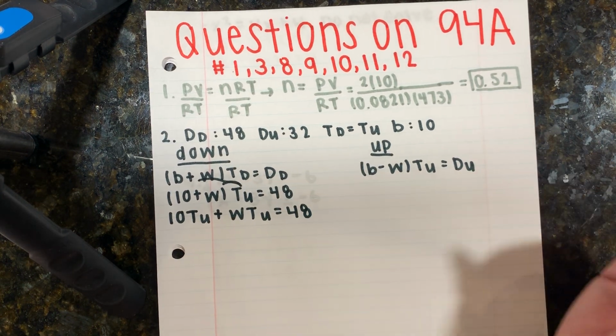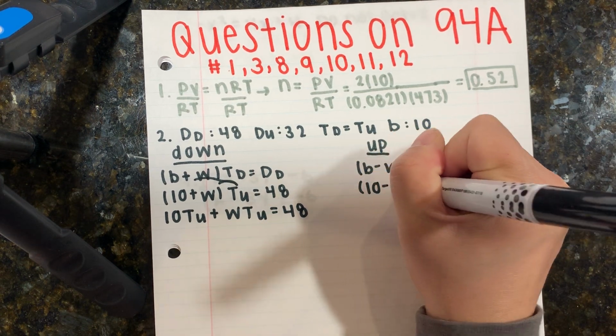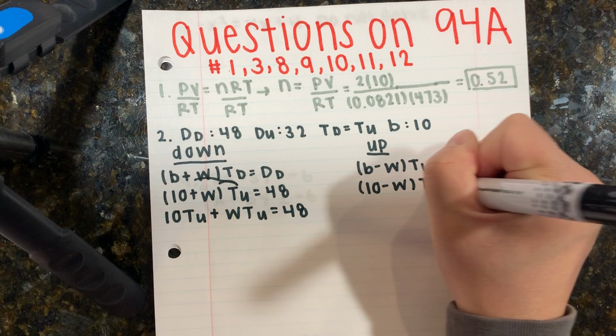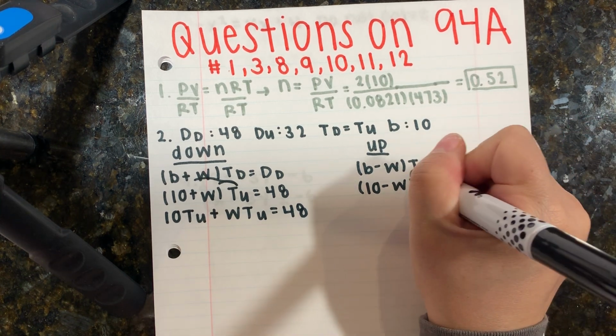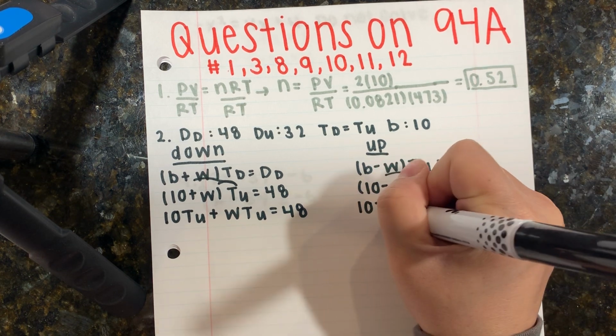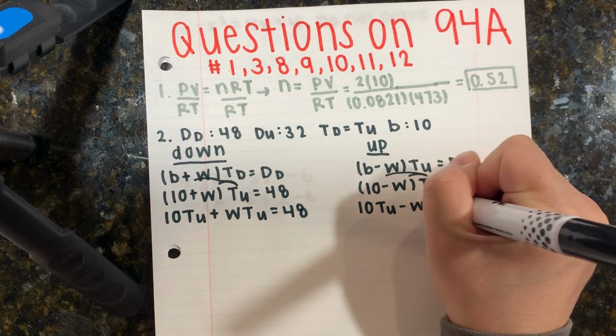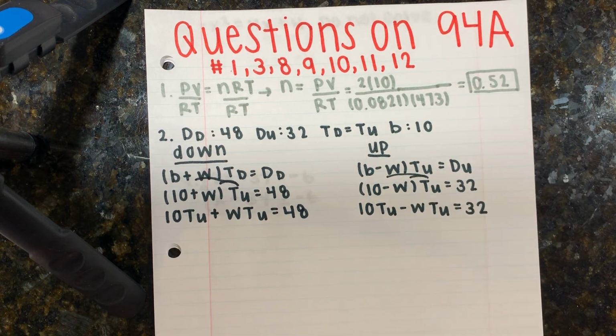Now I'm going to work on this side of the equation. B is equal to 10, so that would be 10 minus W times TU equals 32. Do the same thing and distribute the TU, so I get 10 TU minus WTU equals 32.